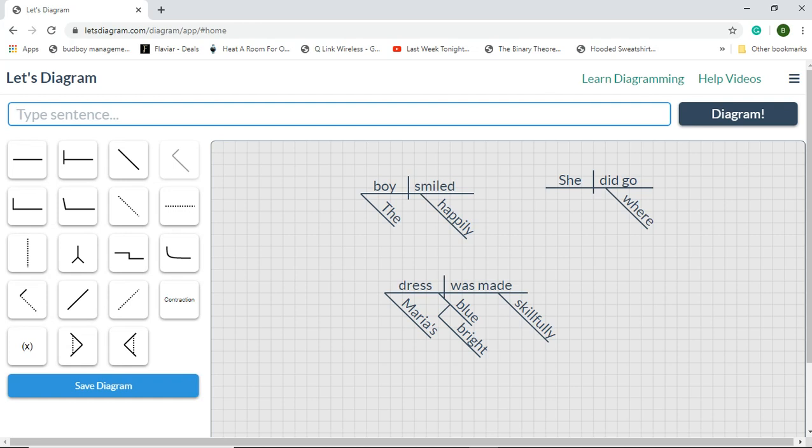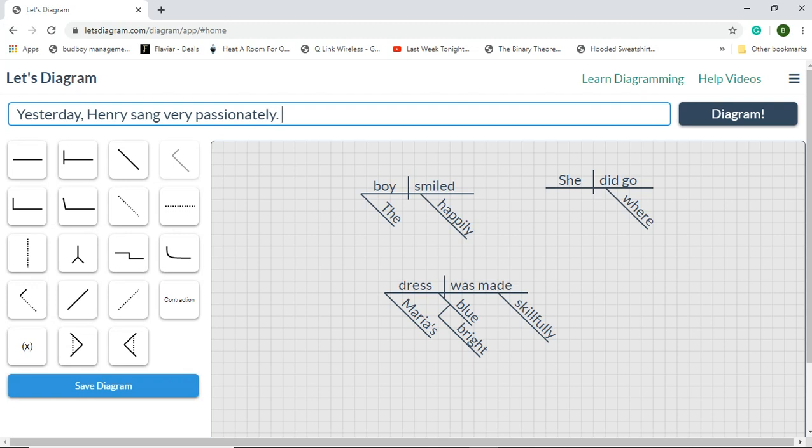Number 4. Our sentence: Yesterday, Henry sang very passionately.